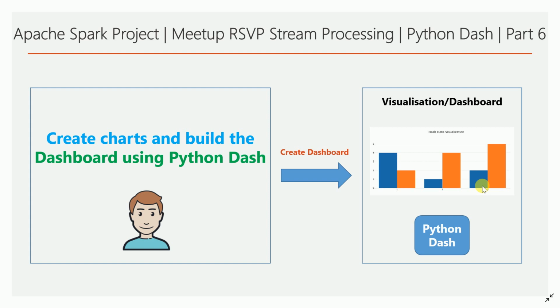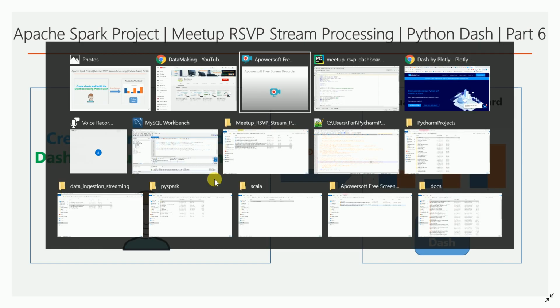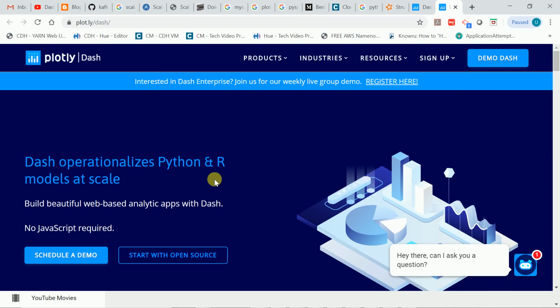Probably we can build other charts with different aggregated data. To start with, Python Dash: what is it? It's a visualization framework built on Python Flask and the Plotly visualization package.